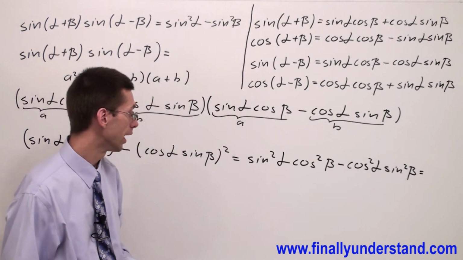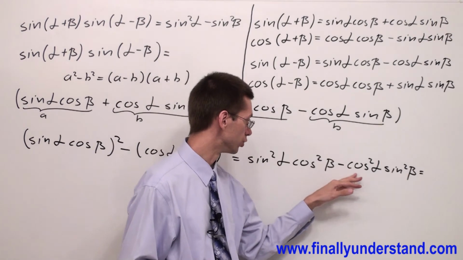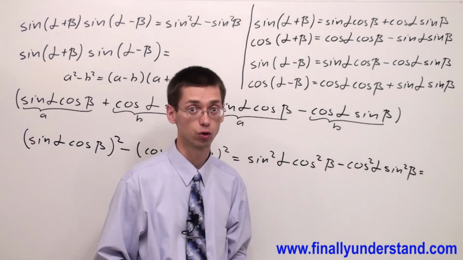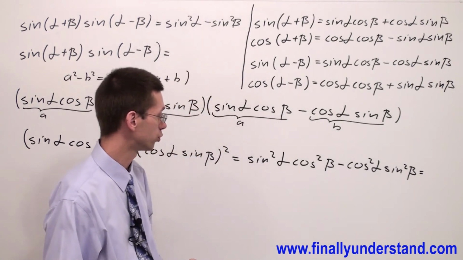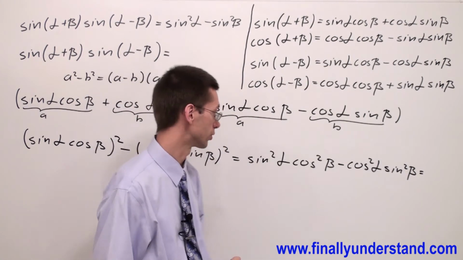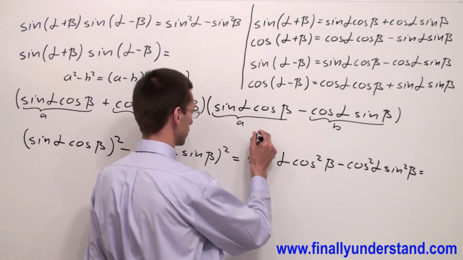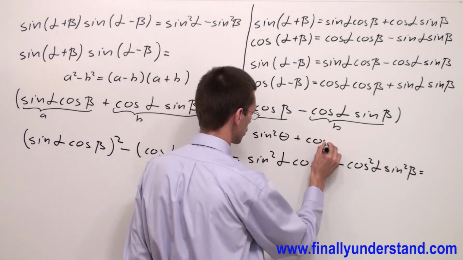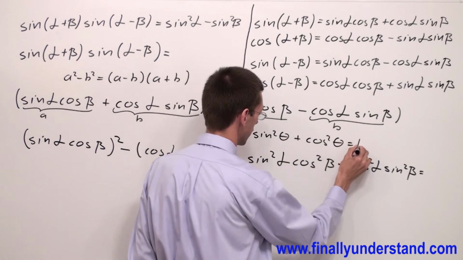Okay, so we have to eliminate these cosines. We have to end up with signs only. So what we are going to do, we are going to use the Pythagorean relation, which says that sine square theta plus cosine square theta is equal 1.